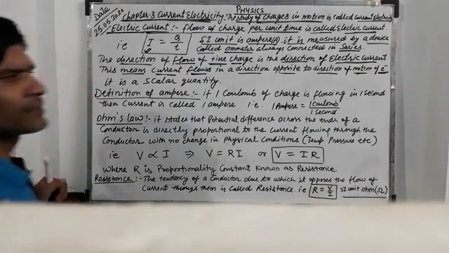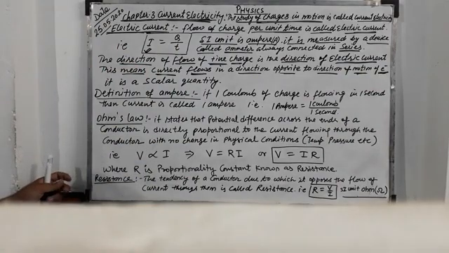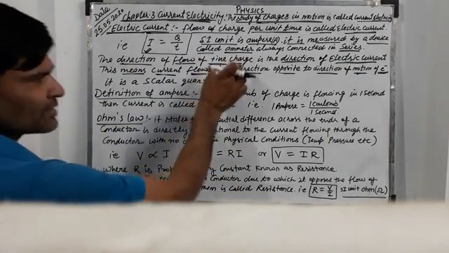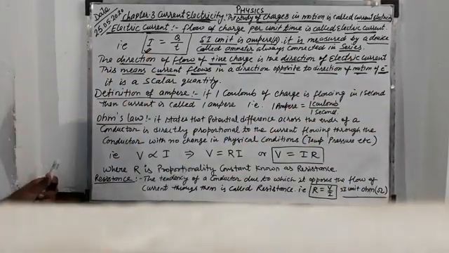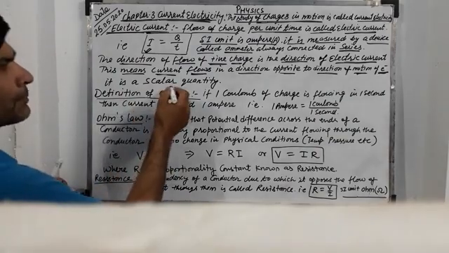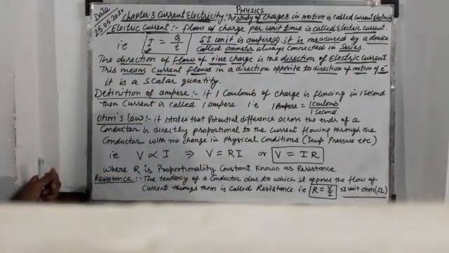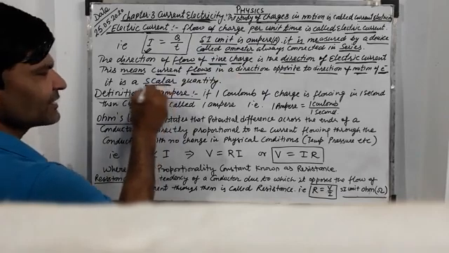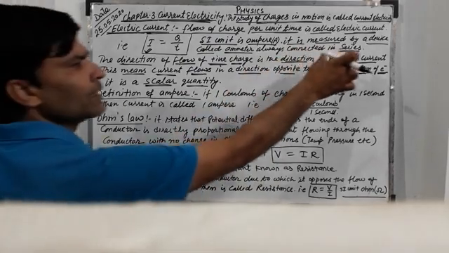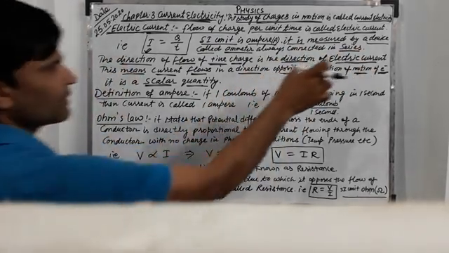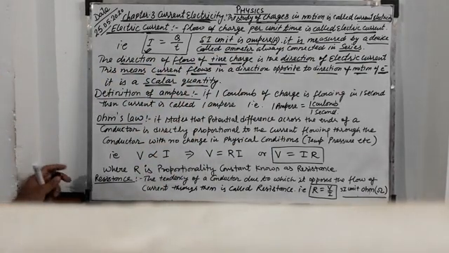Electron has negative charge, so it moves opposite to electric current. So remember this, positive charge in the direction of current, negative charge opposite to the direction of electric current. Electric current is a scalar quantity. It has no direction.